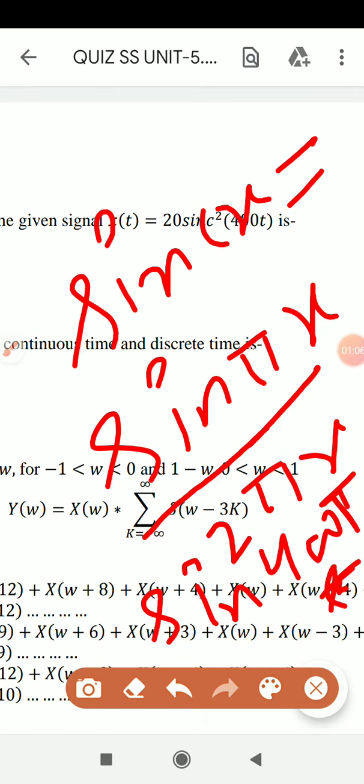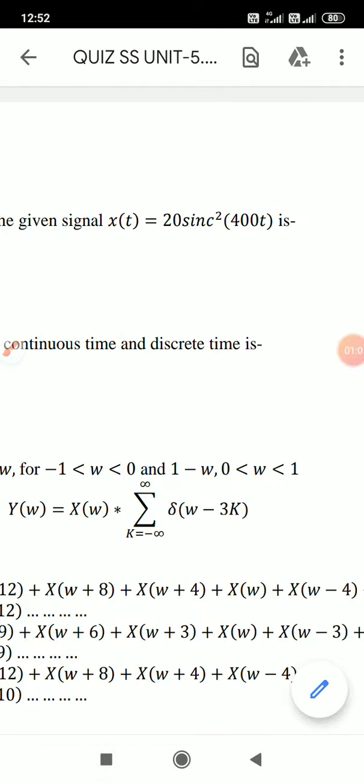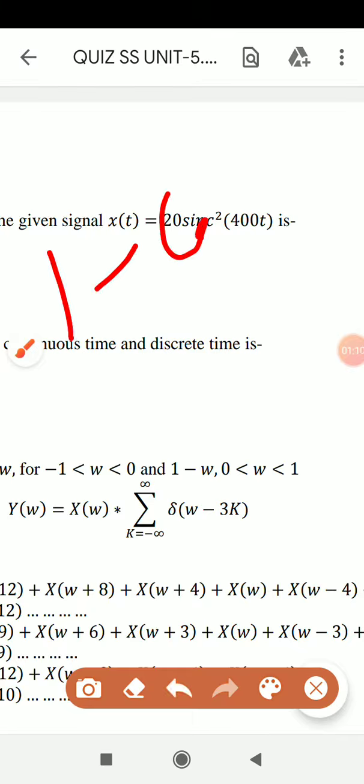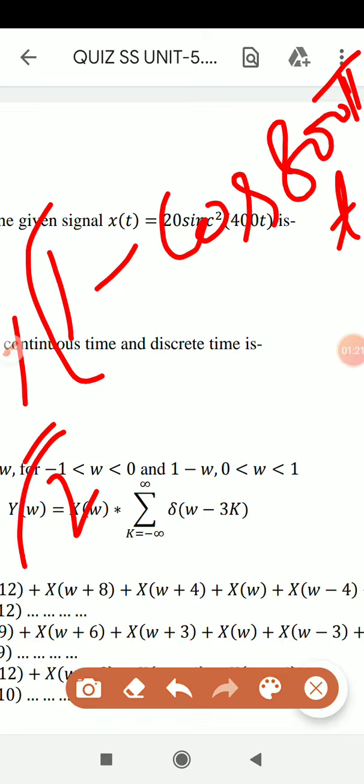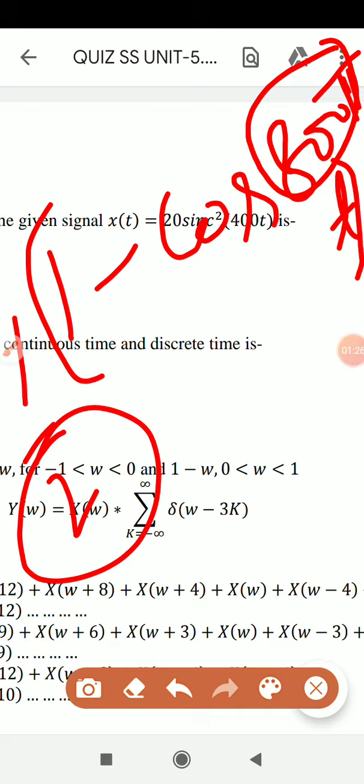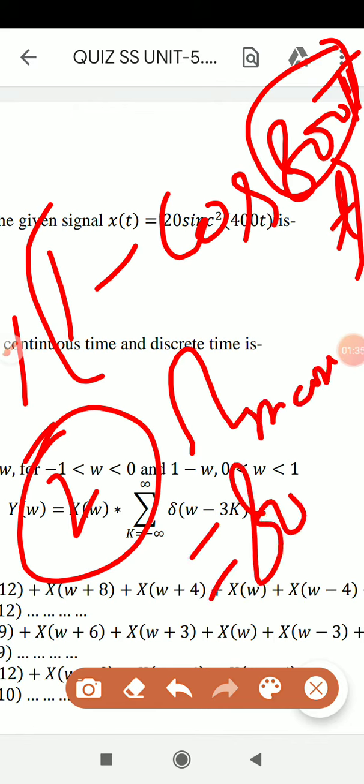We know sin square theta is equal to (1 minus cos 2 theta) upon 2, so cos(800 pi t), and there is no significance of the constant. So frequency is 800 pi, so maximum frequency omega max is equal to 800 pi radian per second.